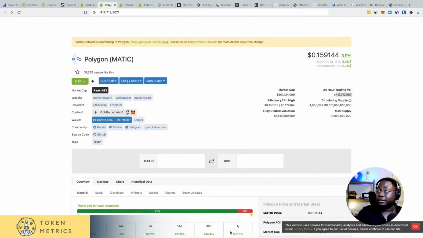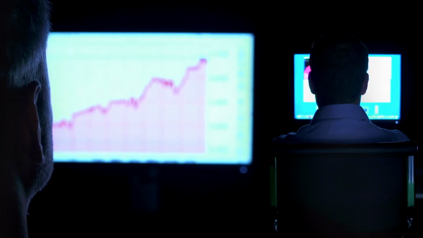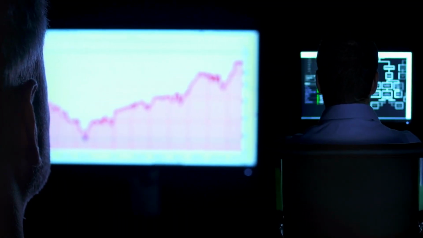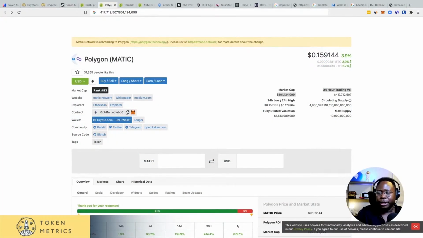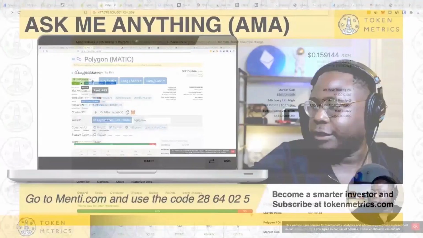I just divide this by the market cap. So basically, half of the entire market cap has been traded in 24 hours, which is actually not healthy in my opinion. Basically, 52% of the market cap has been traded.